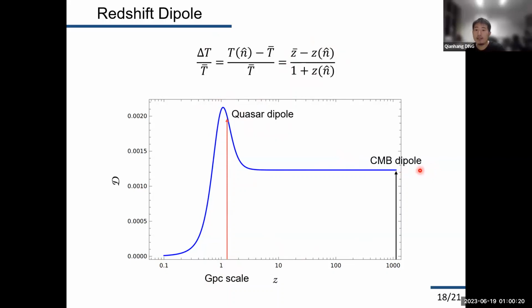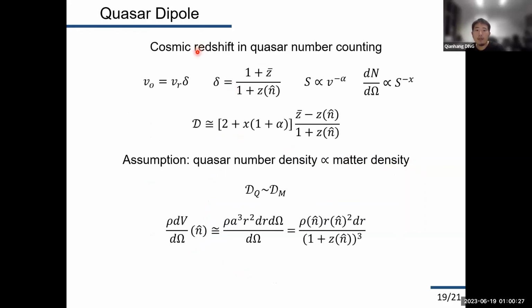Therefore, we need to calculate how the quasar dipole behaves in this anisotropic spacetime. We first need to know how the anisotropic spacetime causes the dipole in quasars. The photons from the quasars will be shifted by the anisotropic spacetime, by this anisotropic redshift, and this will cause a dipole structure in the observed quasar photons.